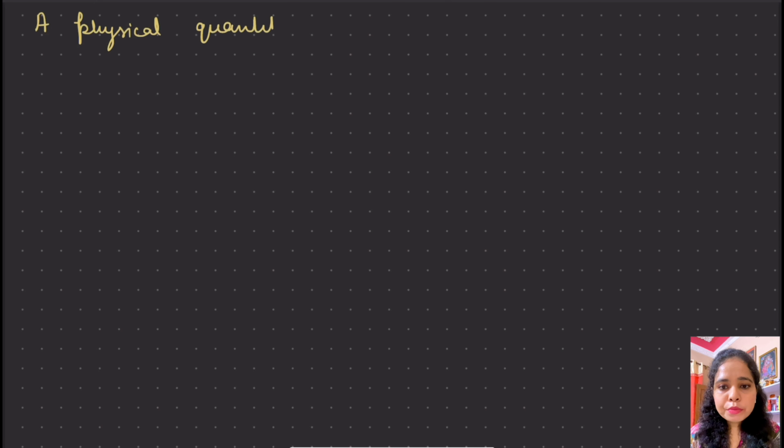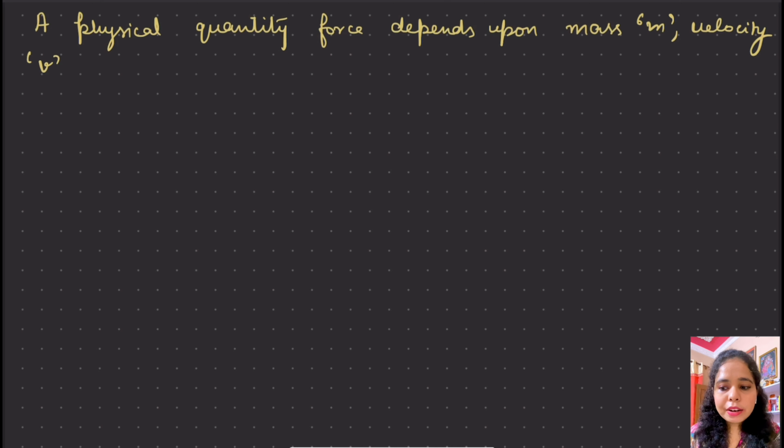Now we will talk about the second example, and here we can say if a physical quantity force F is dependent on mass m, velocity v and radius r, then develop the relation between force, mass, velocity and radius with the help of dimensional analysis.